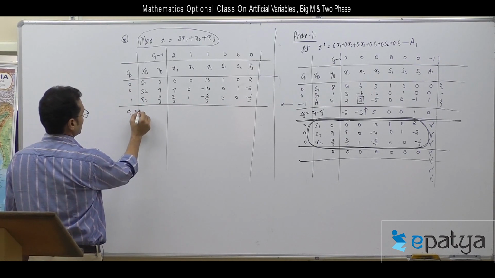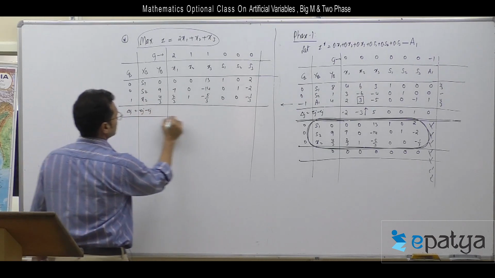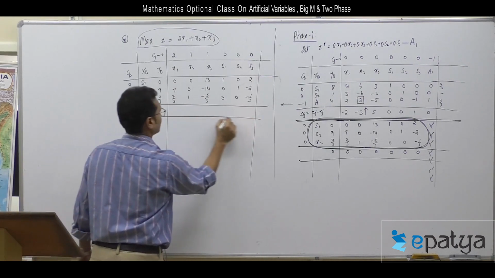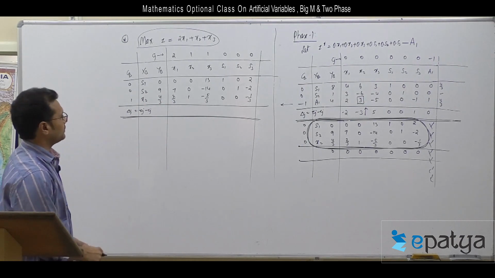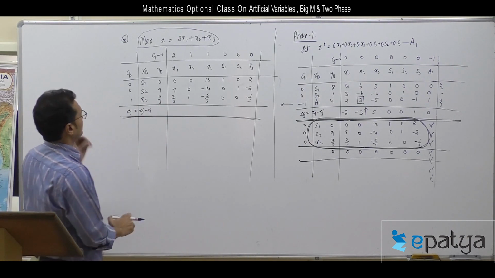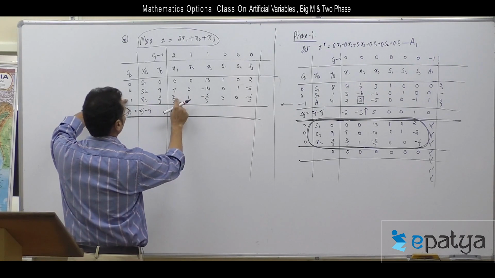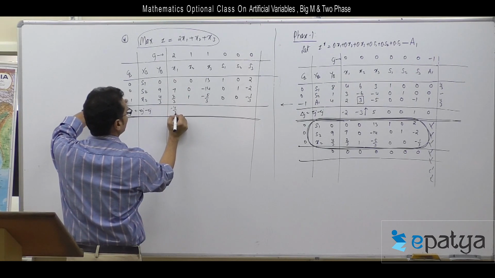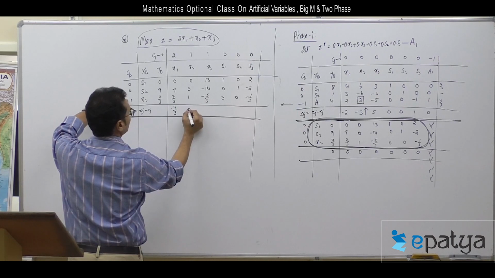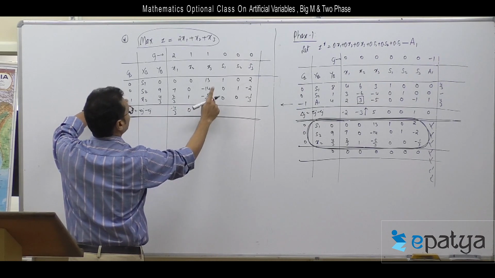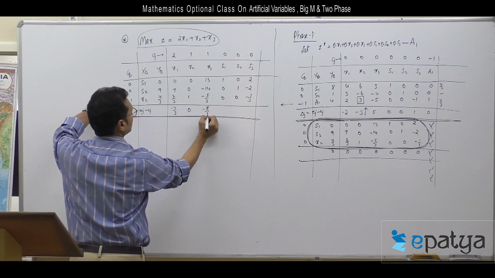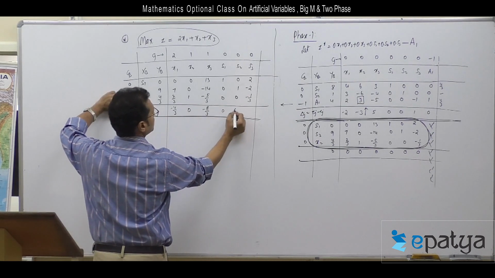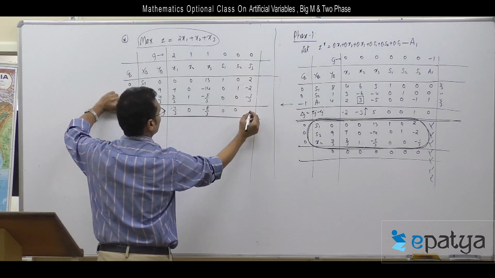So delta j equal to zj minus cj. So 2 by 3 minus 2, minus 6, minus 4 by 3, x2 0, minus 5 by 3 minus 1, minus 8 by 3, s1 0, s2 0, s3 minus 1 by 3.